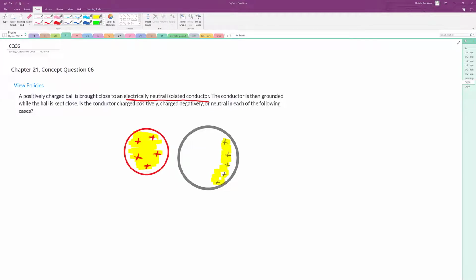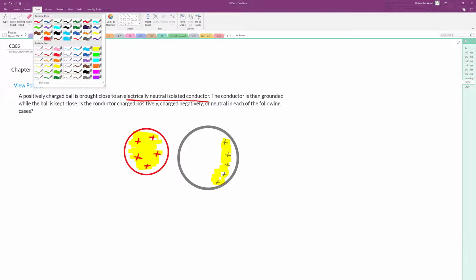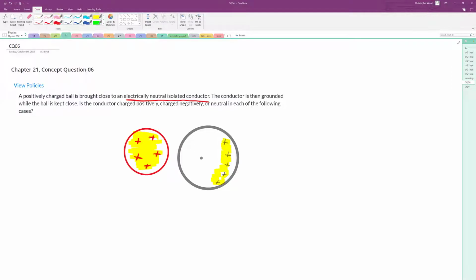In this situation, this isolated conductor is next connected to the ground, or grounded. So I'll show that like this. This symbol I'm drawing here, this little inverted tree, that's the symbol for ground.